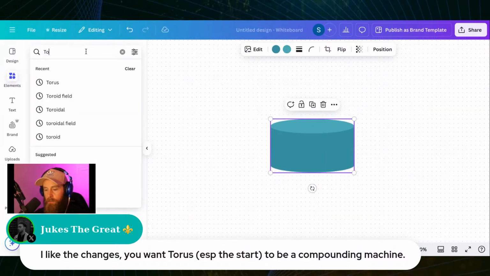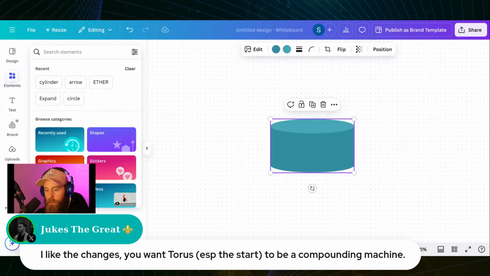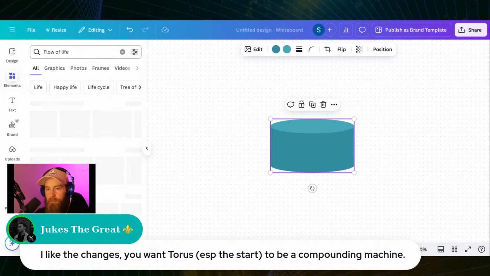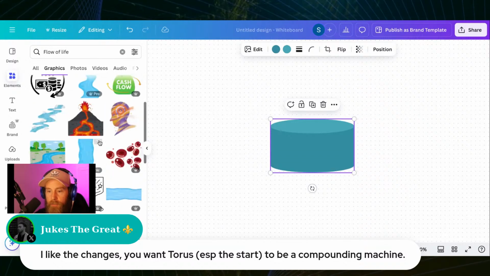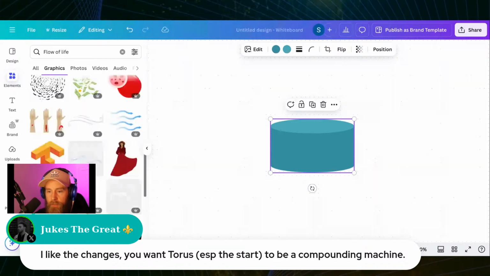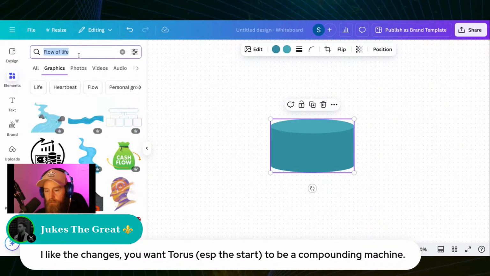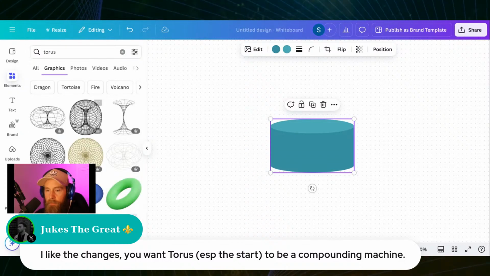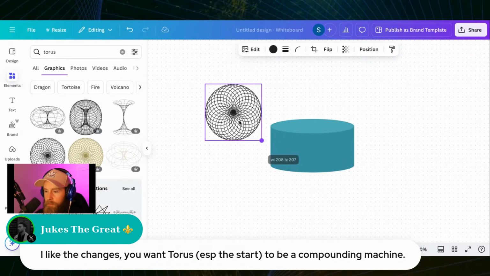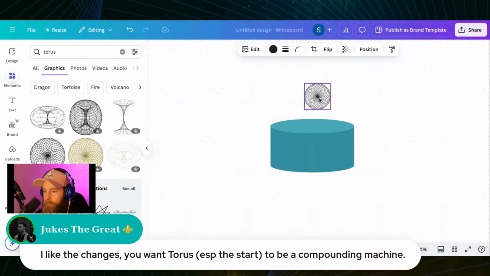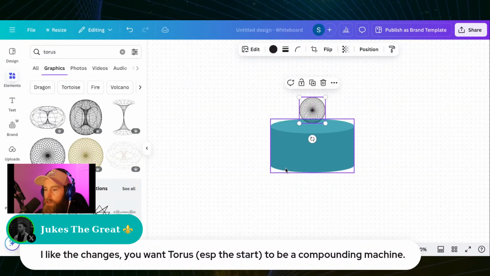Now let's just go TORUS. Actually, I think I need to go Flower of Life. Okay. So this here is where all the TORUS tokens are distributed.